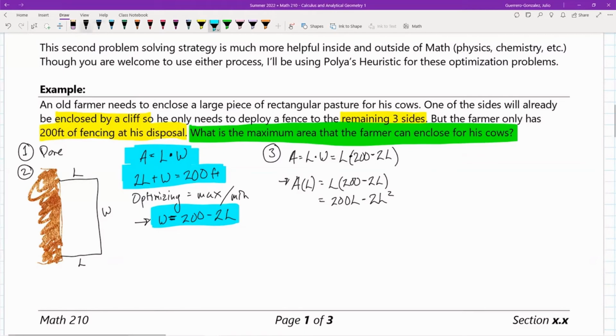So that means I get to take the derivative of this area function. So A prime of L is going to be 200 minus 4L. And we need to set this equal to 0. Solving this out, we get that L is 50. Okay.